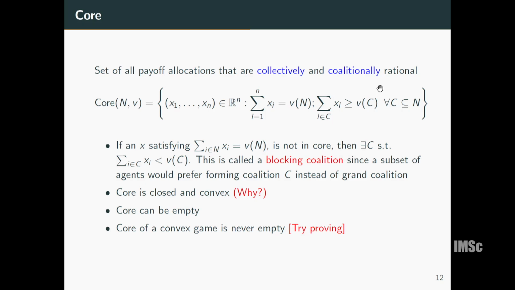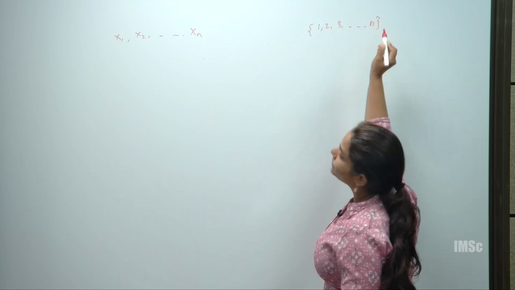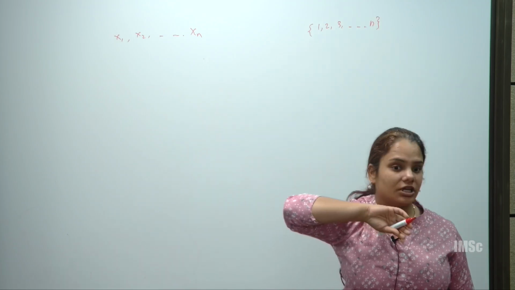So I have a convex game. I want to find x1, x2, up to xn. Okay. What I will do is I will assume that I have the indexes on the agents. So the agents are numbered 1, 2, 3, up to n. I have these nice numbers on the agents.